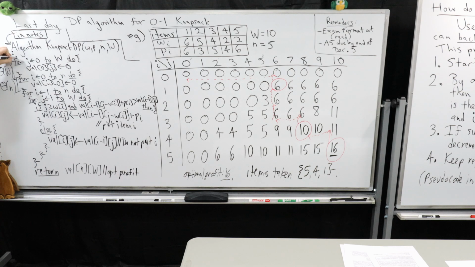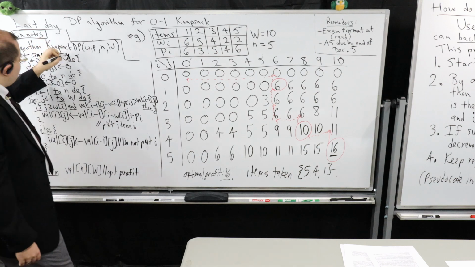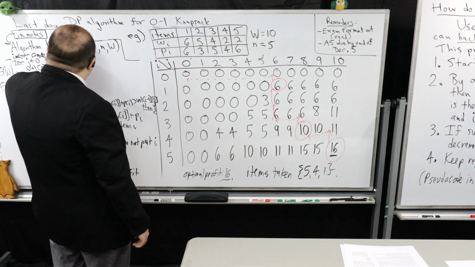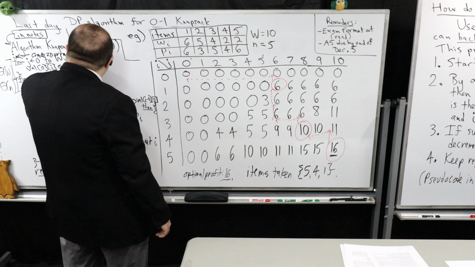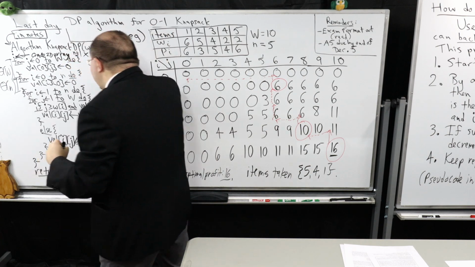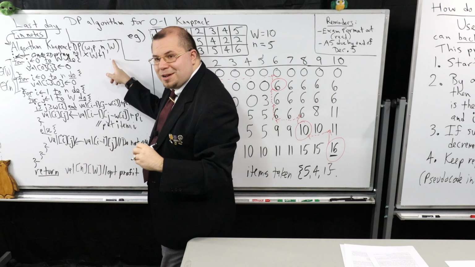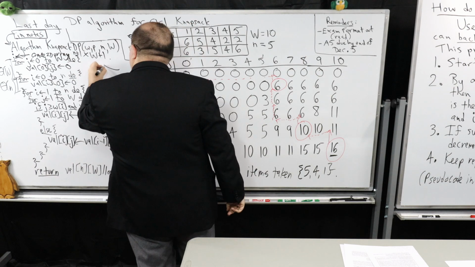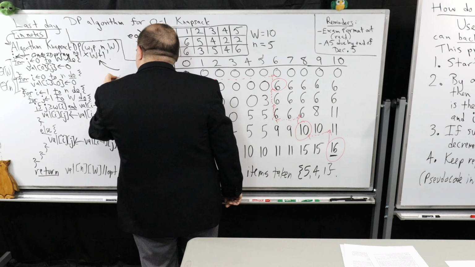Oh yeah, one small step I should also include up here. There is a step above here where I create the array. I have to create the 2D array, and its dimensions are n plus 1 rows by w plus 1 columns. When I create this, I have to allocate the space for it.